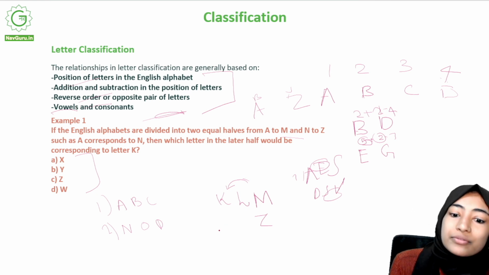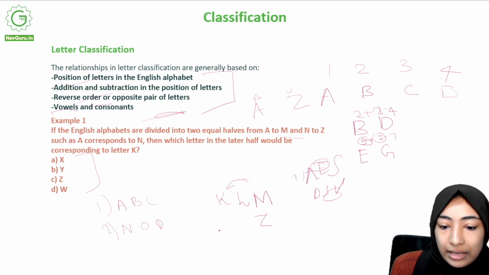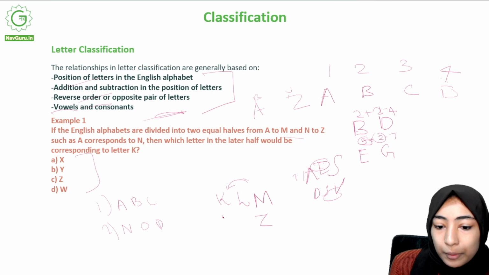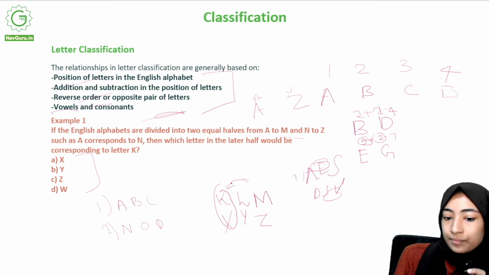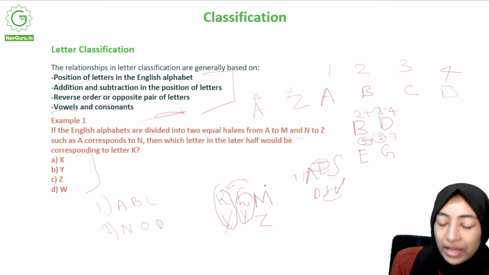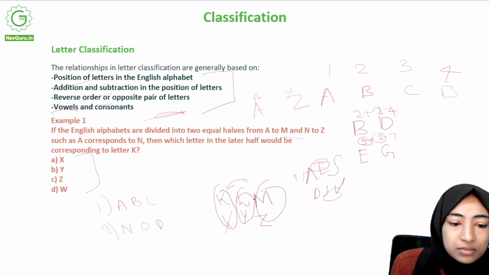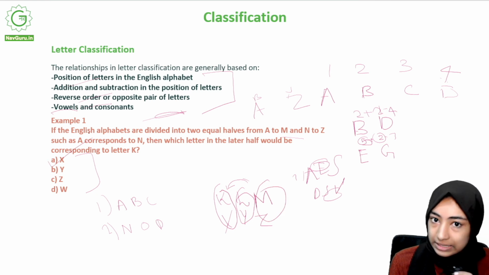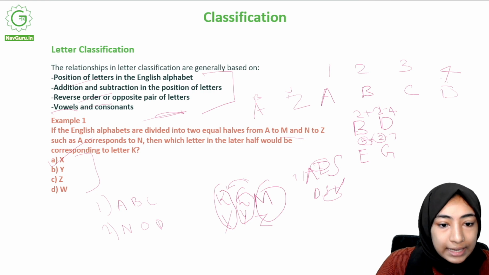So what you need to do is find the third last letter in the second half: U, V, W, X, Y, Z. Right, so you see this correspondence. Basically K corresponds to X, just as L corresponds to Y and M corresponds to Z. So this is very simple, and you've gotten your answer as X. Okay, so that was one question.